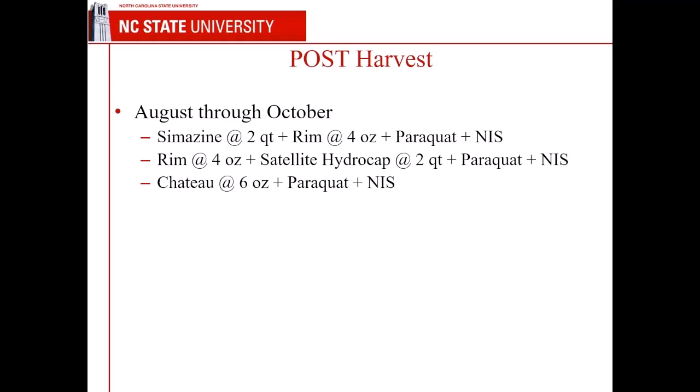The Matrix products with Satellite Hydrocap would be another option, and then Chateau at 6 ounces would be an option. Of course, there's a number of generic Chateau products and flumioxazin products available that would be alternatives to that.